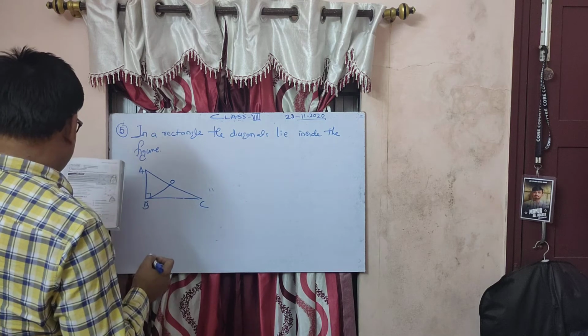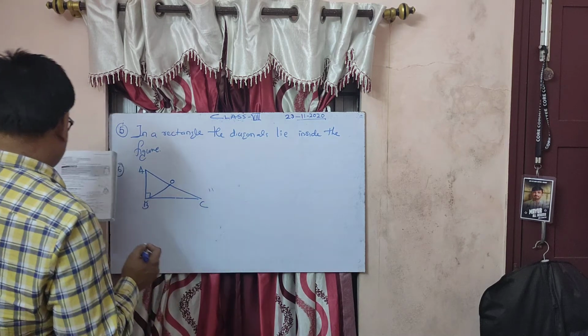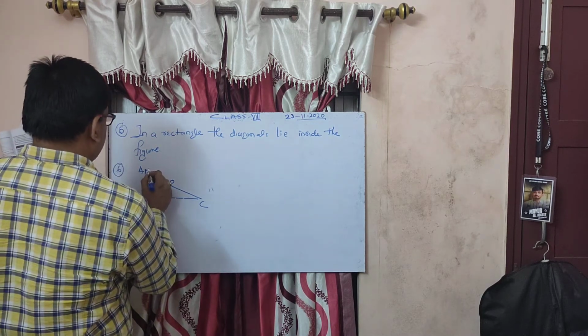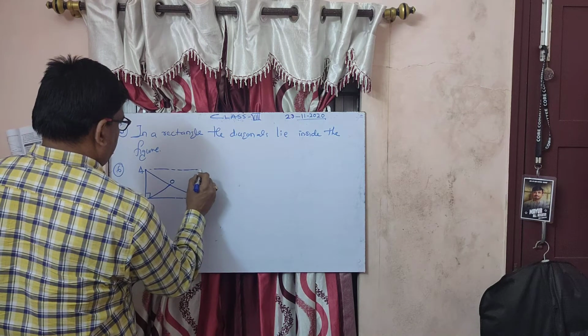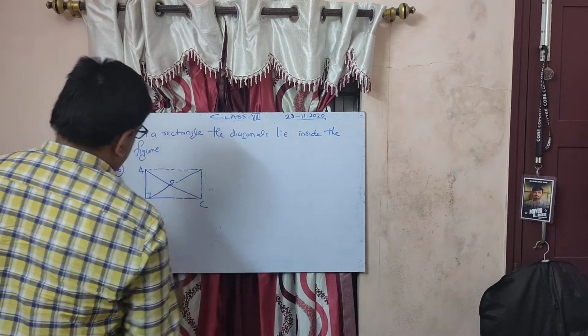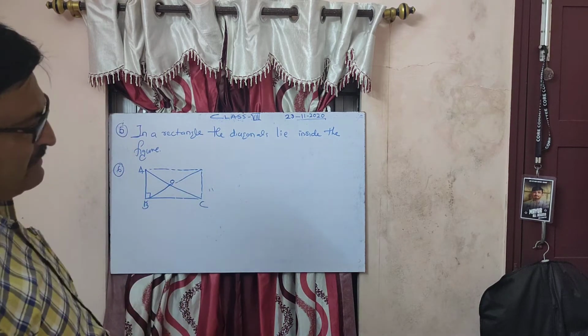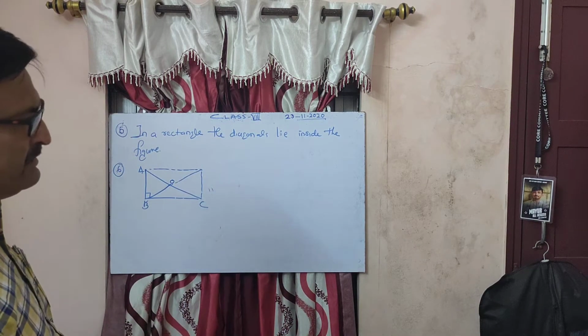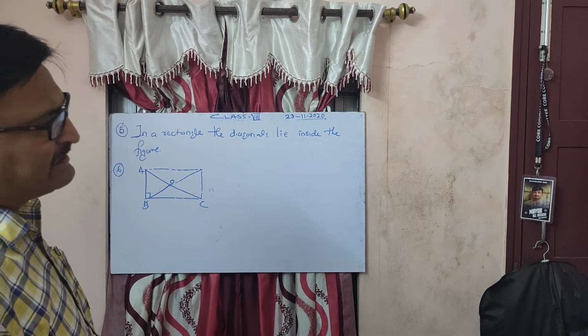So you have to explain why O is equidistant from A, B, and C. For that, what do you have to explain? The dotted lines additionally help you. Now, by looking at this figure, you can see this is a rectangle.